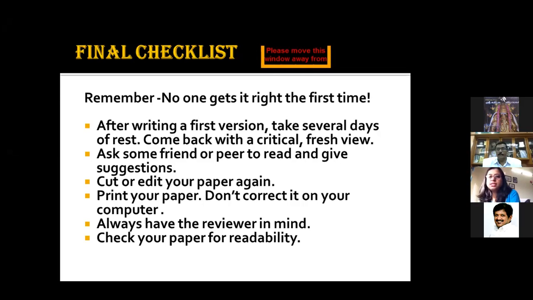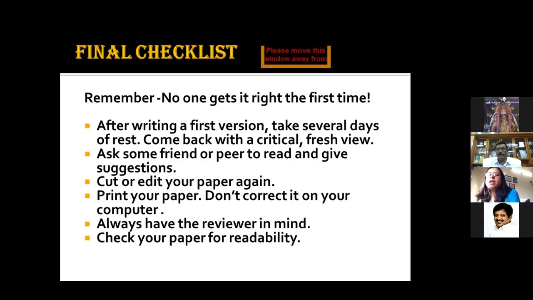I totally disagree with people who write an article in a week's time or so. I've heard that most people who have published in renowned journals have always taken their time to write a good article. So once you are ready with the first draft, leave it for several days.